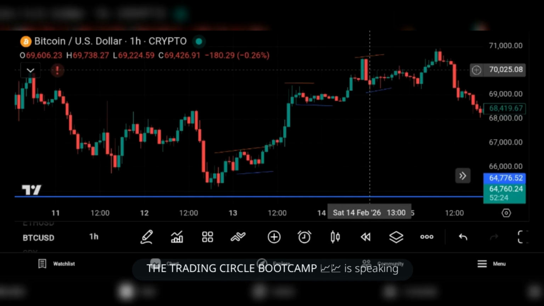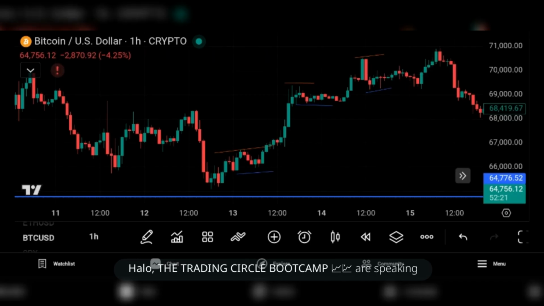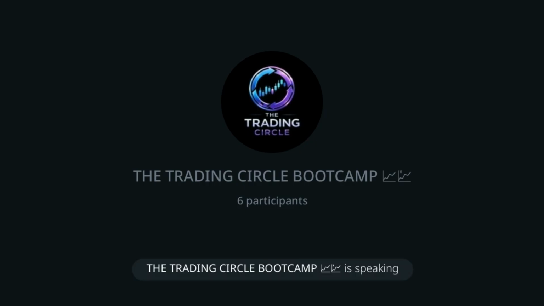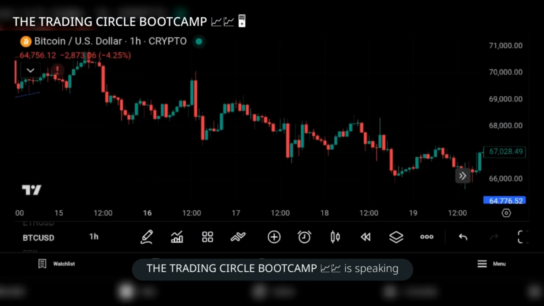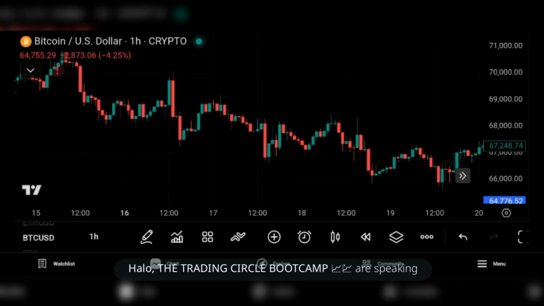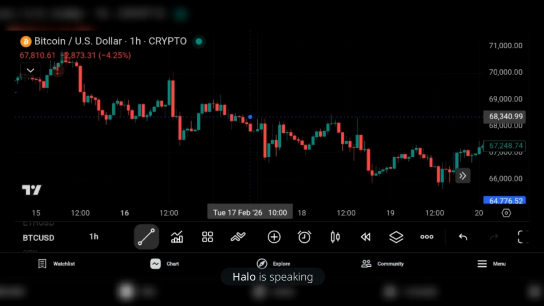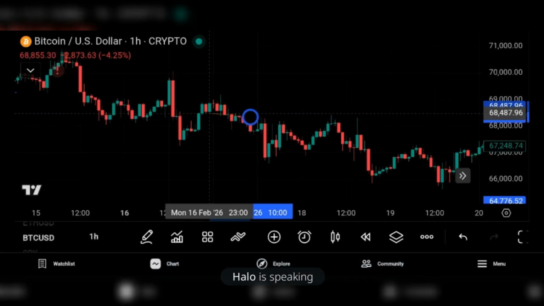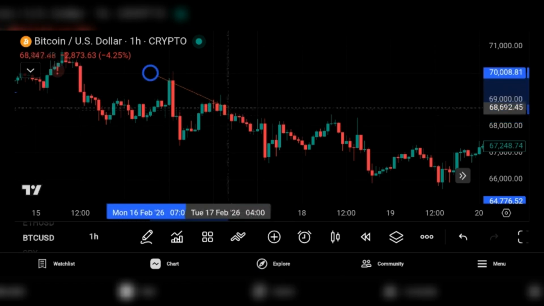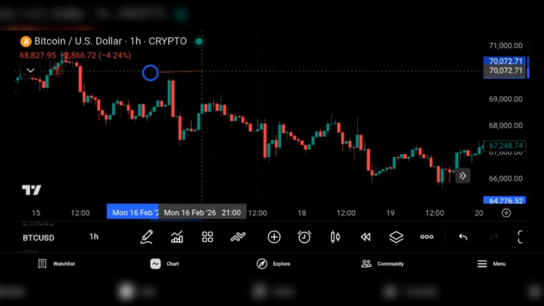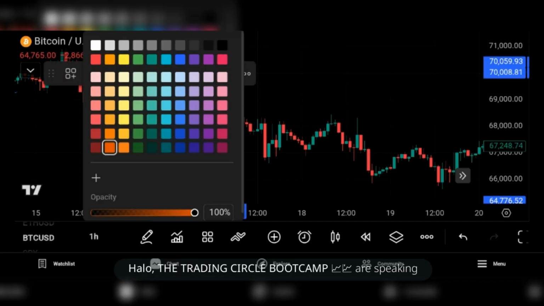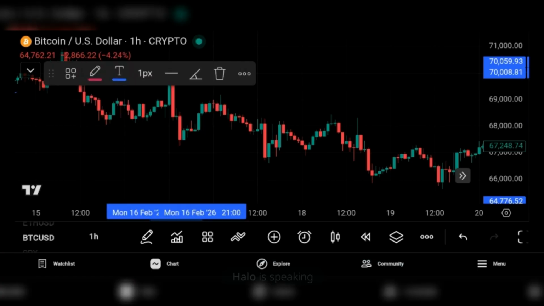Then for a bearish market, for a downtrend, okay, let's take this. Drawing these things is going to be tedious, but what can I do? So I'm going to take these points first. Let me color them pink. Okay.